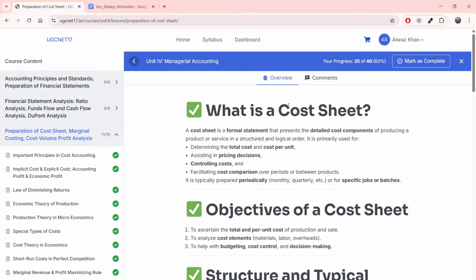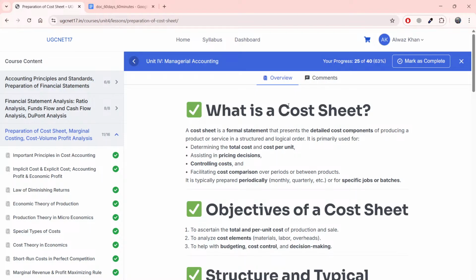A cost sheet is a formal statement that presents the detailed cost components of producing a product or service in a structured and logical order.